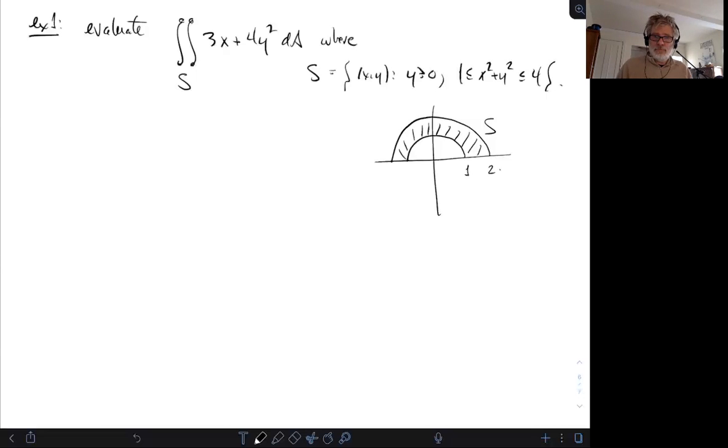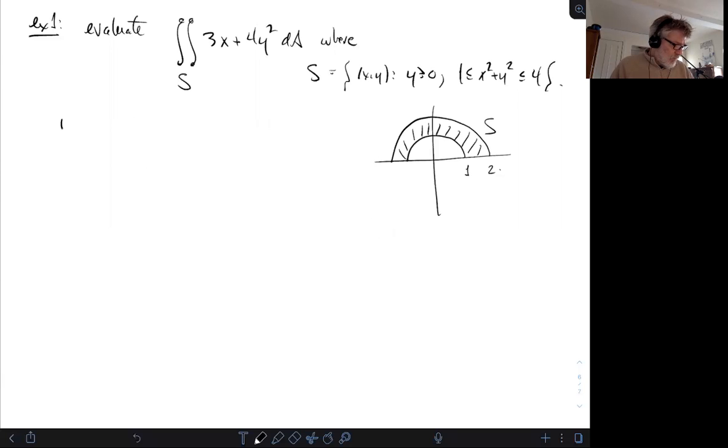Now let's say you never heard of polar coordinates. You could set up the integral. It's nasty, but you can. You'll have to chop up the region S, and you're going to get integrals where you have to use 3 different kinds of trig substitutions. It's not easy, okay? But if you do it in polar, it's actually pretty easy.